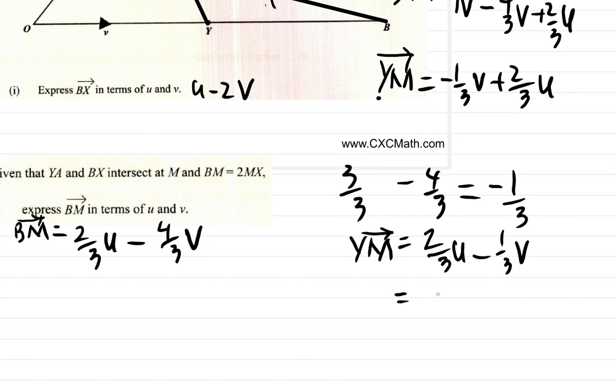Alright? You could factor out 1/3, and then 1/3 times what gives you 2/3? It's 2. u minus 1/3 times what gives you what? It's 1. So it's 2u minus v. So YM is equal to 2u minus v.